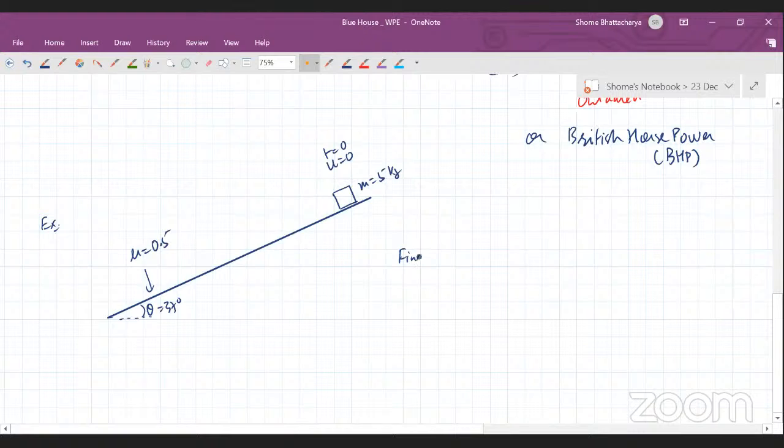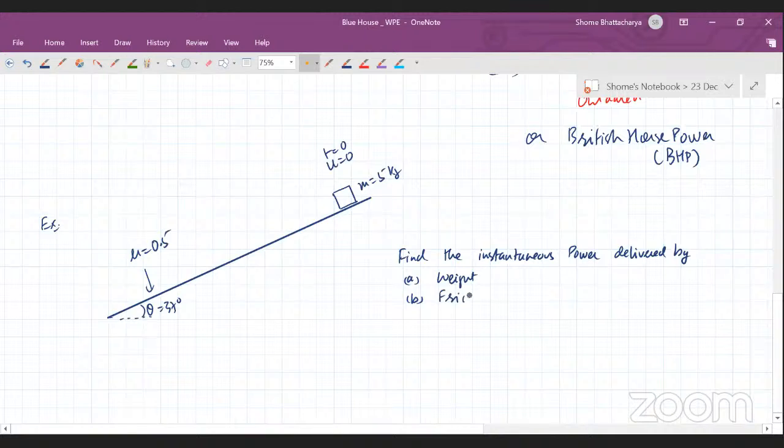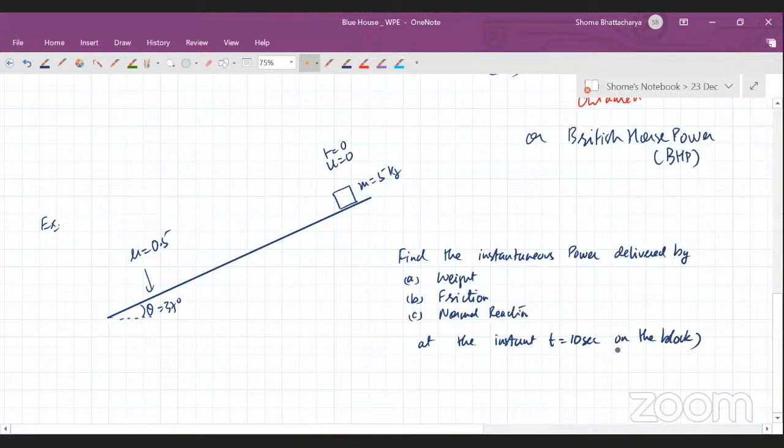So find the instantaneous power delivered by the weight, the frictional force, and the normal reaction at the instant t equal to 10 seconds on the block. Take g as 10 meters per second square.